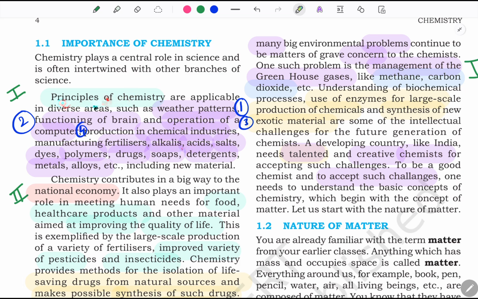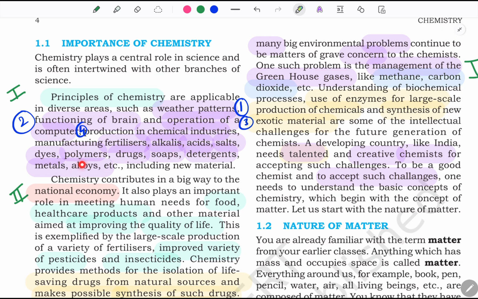So our first point was that principles of chemistry are used in various areas, like weather patterns, brain functioning, the operations of a computer, as well as in the production of chemicals in various industries.